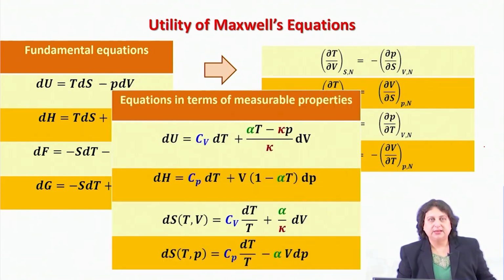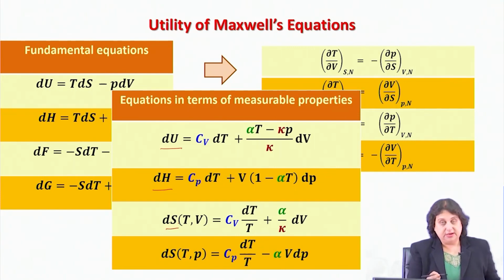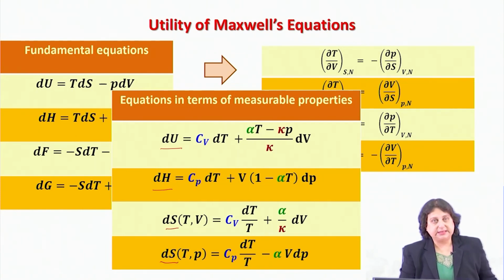so that irrespective of what the system is, whether it is an ideal gas, real gas, a liquid or a solid, I would be able to find out quantities like dU, dH, dS under constant temperature volume condition, or dS, that is the infinitesimal change in entropy under the conditions of constant temperature and pressure, in terms of measurable properties such as Cv, Cp, alpha and kappa.